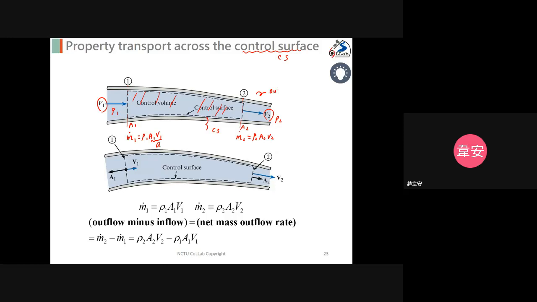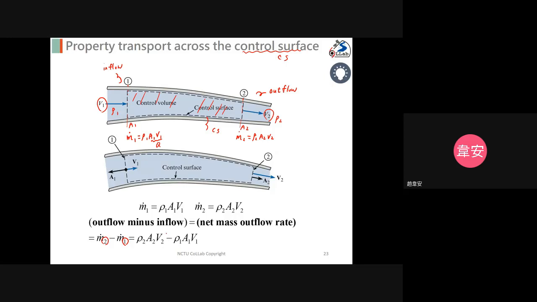Here is the outflow, and here is the inflow. We define outflow minus inflow as the net mass outflow rate, so the net mass outflow rate is equal to m dot 2 minus m dot 1.